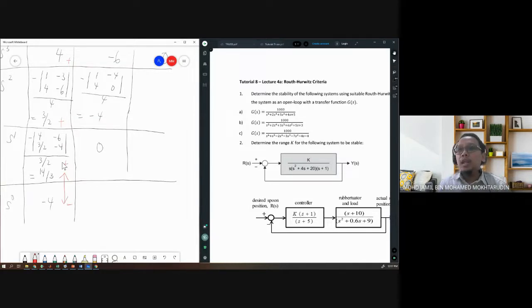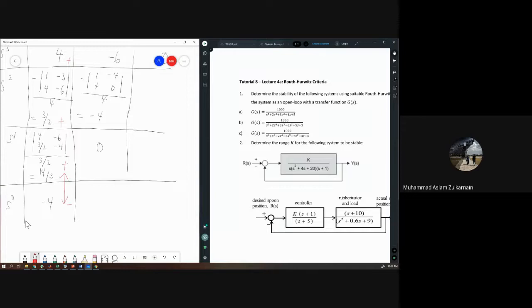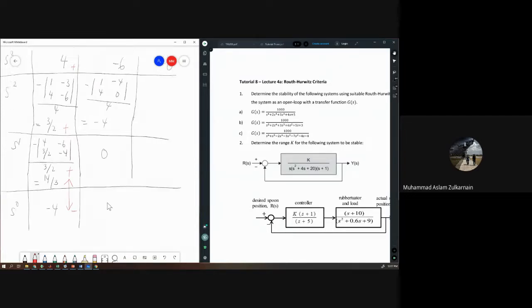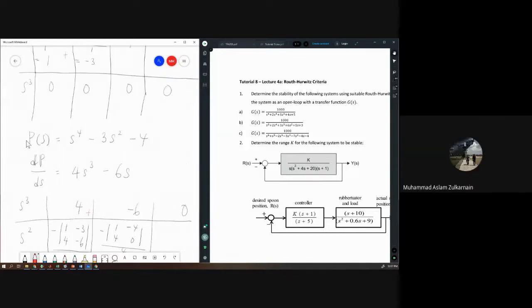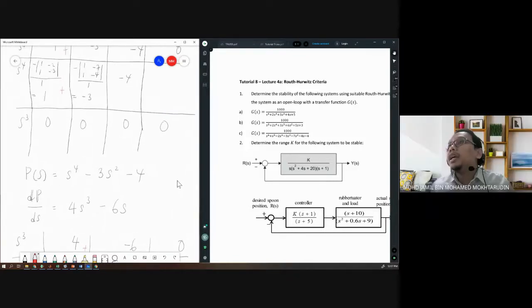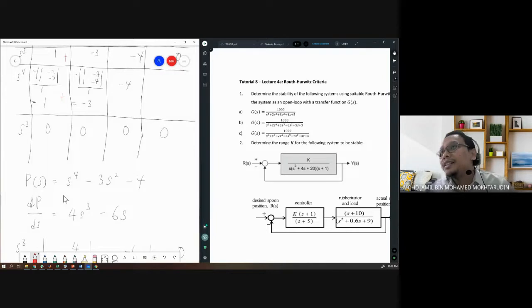Okay, any question before we end this lecture? Sir, yang untuk buat create equation baru tu memang start daripada S04 ke? Yang ni ke? Dia kebetulan dia S04.